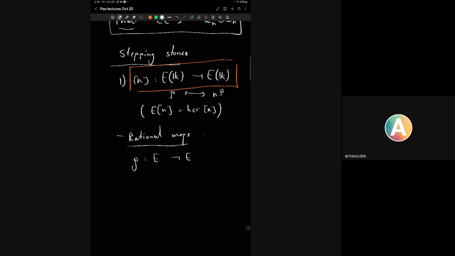Let's say the curve has the equation y squared equals x cubed plus ax plus b.